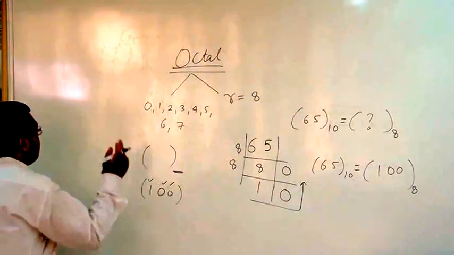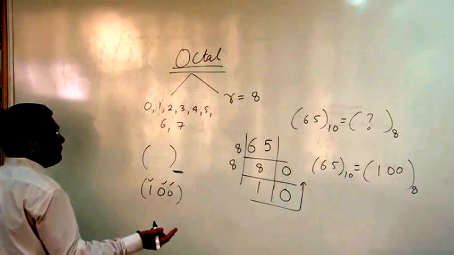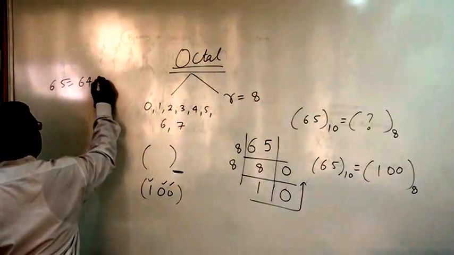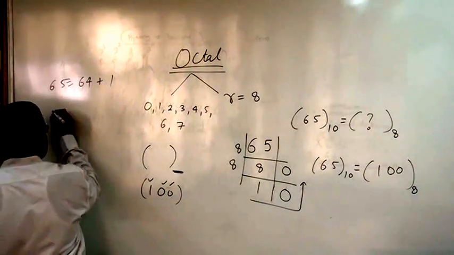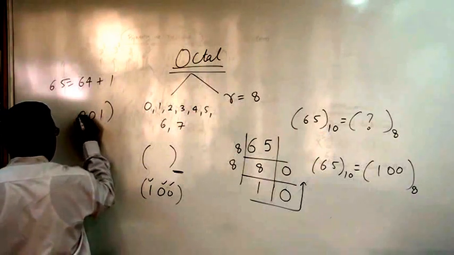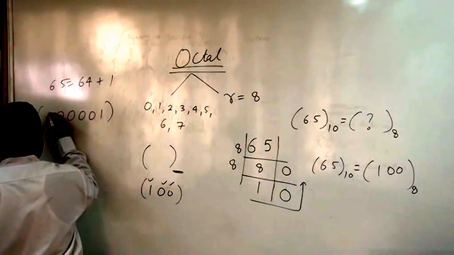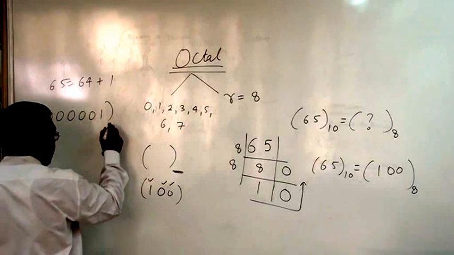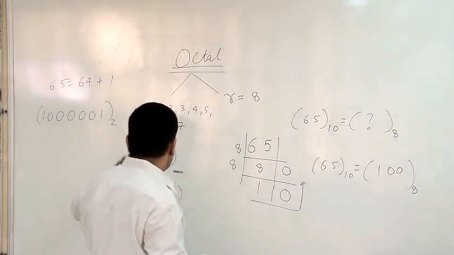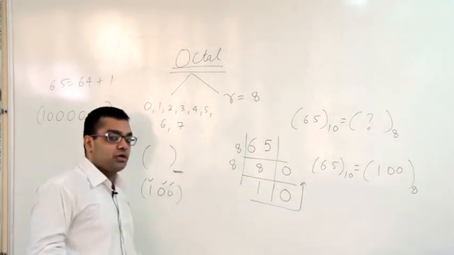If we represent it in binary form, 65 is actually 64 plus 1, so this is 2 to the power 0, 1, square, cube, 4, 5 and 6. So you can see this is in binary and 100 in octal.